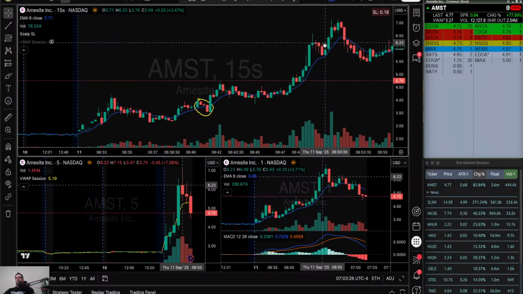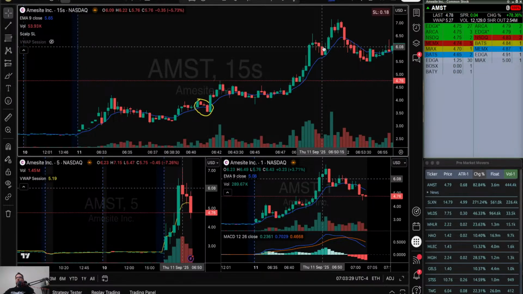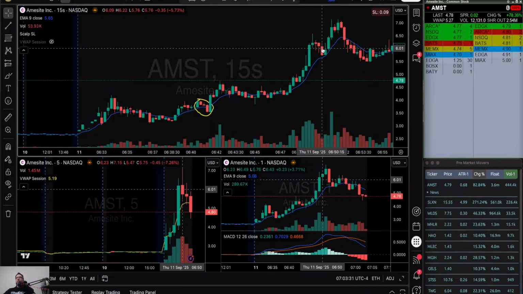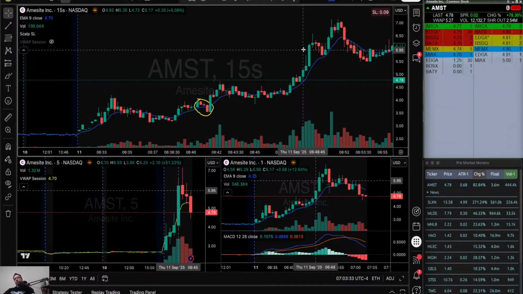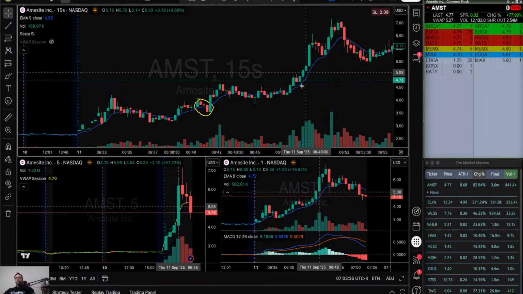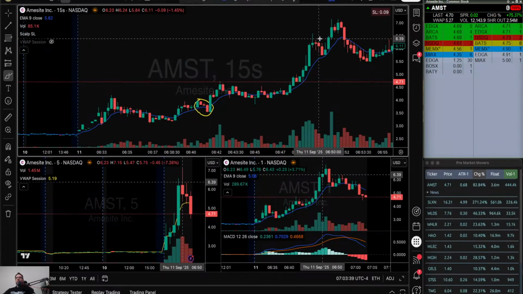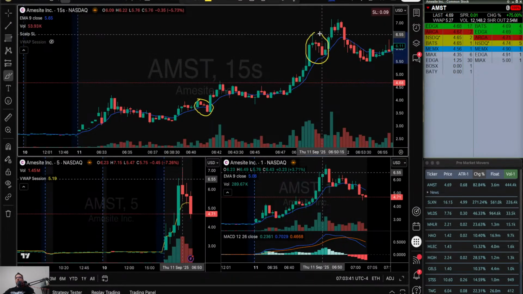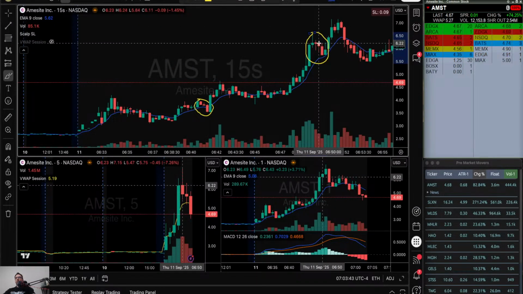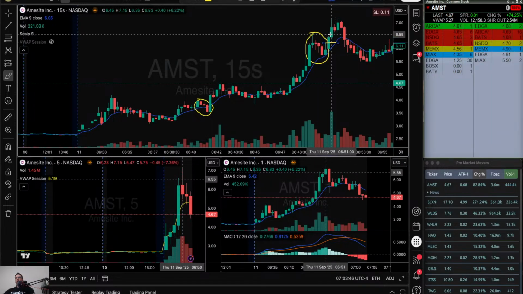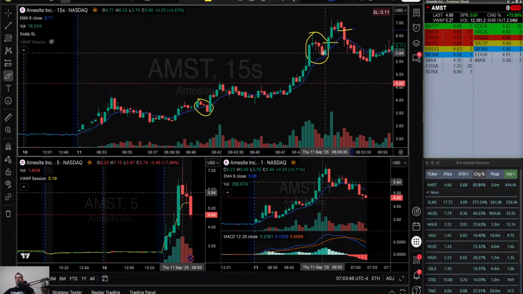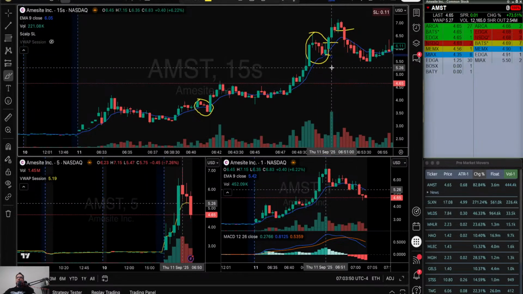Like right here is 6 and a quarter, so $6 was right up in this area. So we had a micro pullback, and this right here was a 3-bar pullback, and then we broke that area, and you could have taken some off of here, and your stop was down here. That was like a 1 for 1.